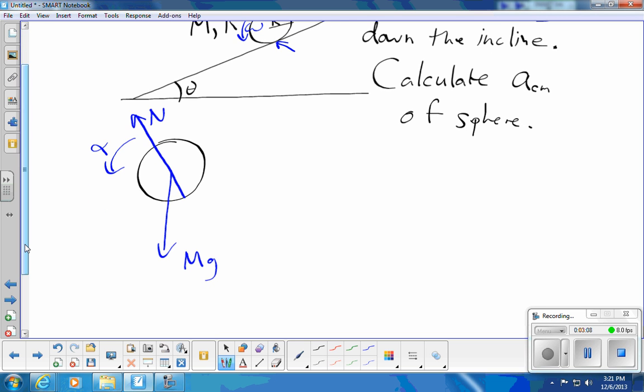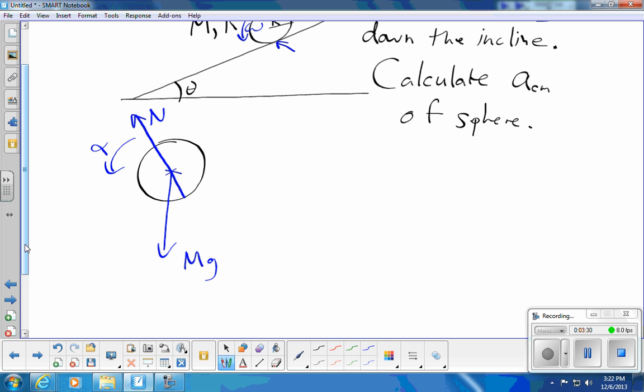Well, that's not going to happen without an unbalanced torque. And if you look at the free body diagram so far, we have two forces, neither one of which creates a torque about the axis of this ball, about the center of the ball. Because mg acts at the axis of rotation.